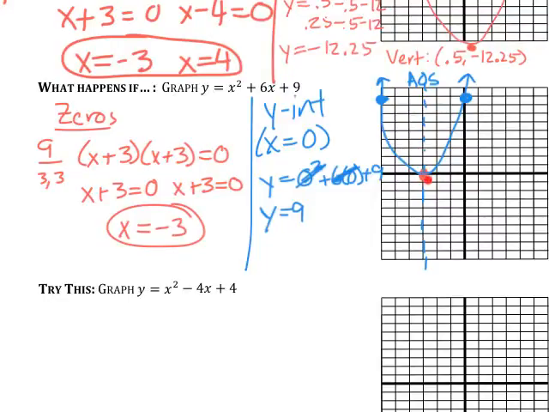Okay, it's both my 0 and my vertex. So instead of finding the vertex and wasting your time doing that, finding the same point again, you go to the y-intercept where x is 0. So solve it down and find your y-intercept, and then just reflect it over the axis of symmetry. And the axis of symmetry always goes through the vertex. Okay, so go ahead and pause the video and do the try this.